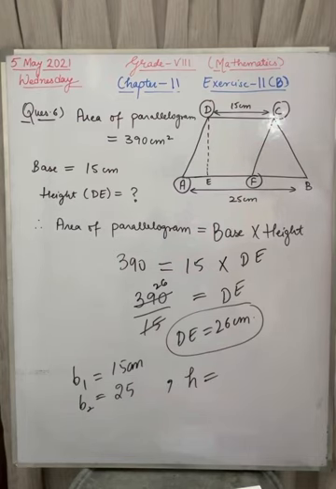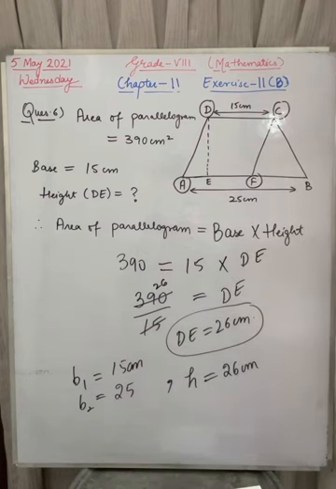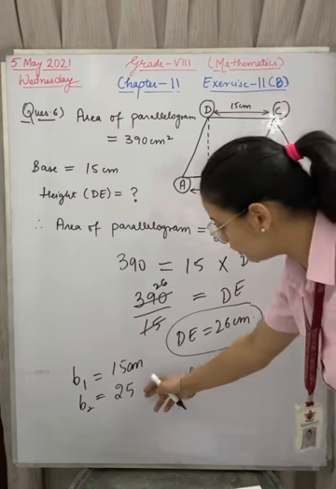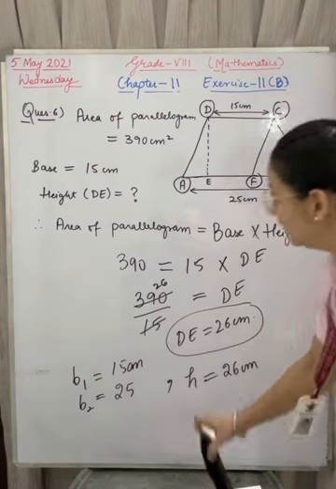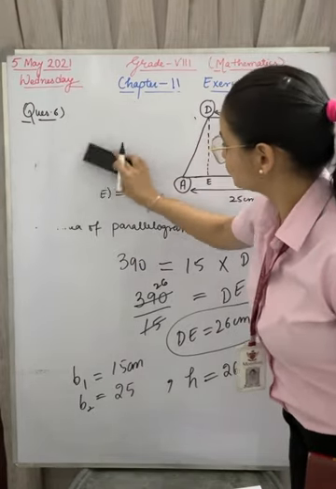Height we have taken out just now. What is height? Very good. Height is 26 centimeter. Okay. So now we have B1, we have B2, we have height. Now we can easily find out the area of trapezium.